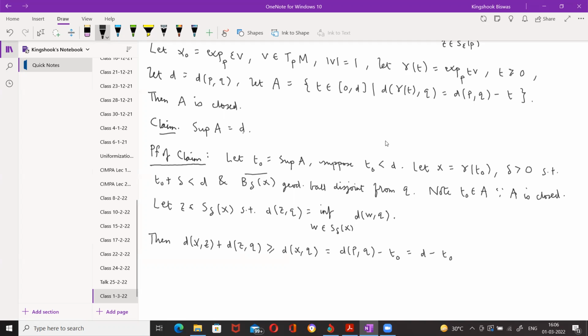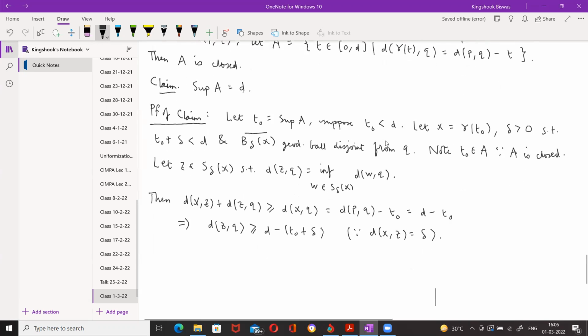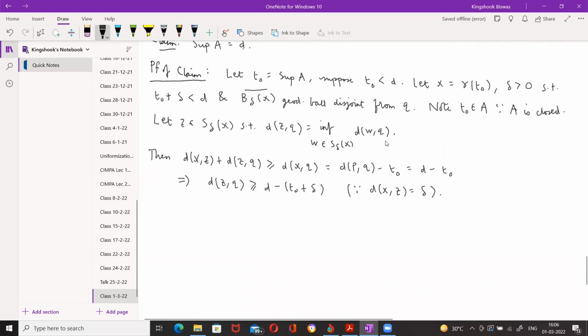Okay. And this distance from X to Z, this I know is delta. So this implies that the distance from Z to Q is greater than or equal to D minus T naught plus delta. Right? This is because distance XZ is equal to delta. Okay. Fine.